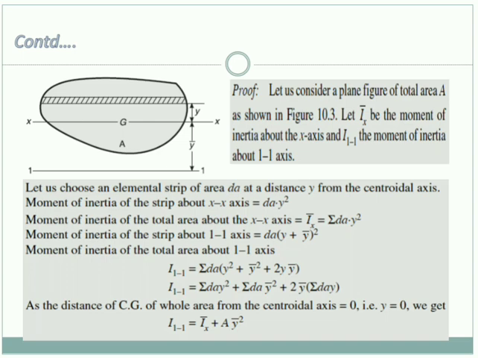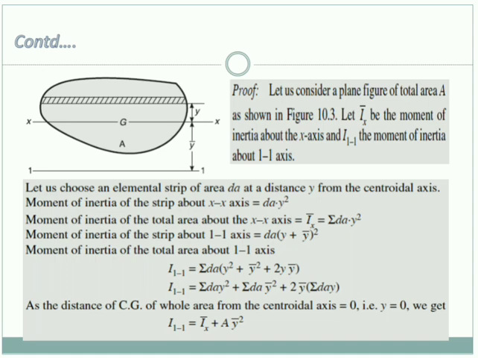That means for the last term, 2y bar into summation of dA into y has to be substituted as 0. Hence the last term of this equation gets eliminated. So just remember that last term is 0. Don't break your head much here.